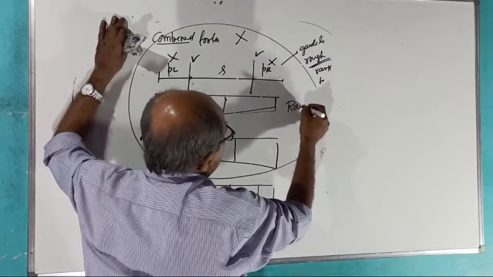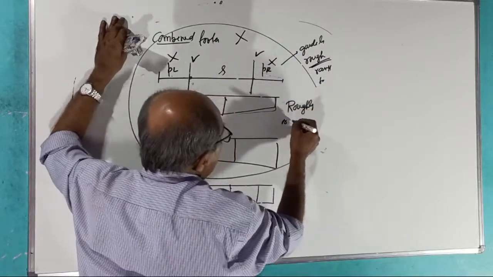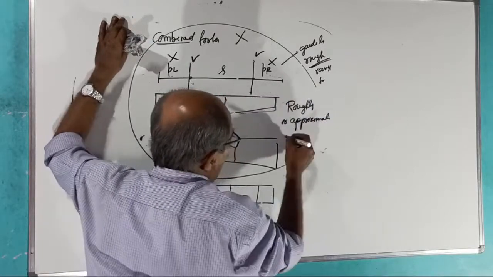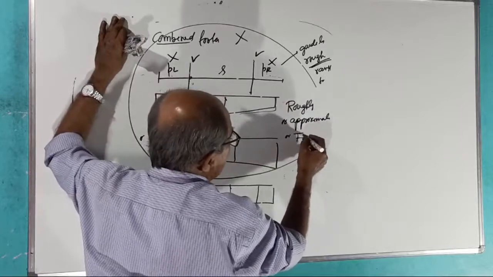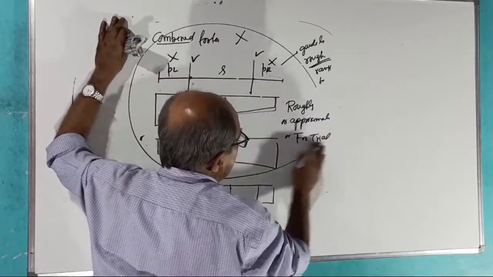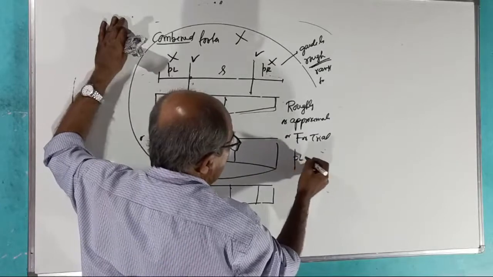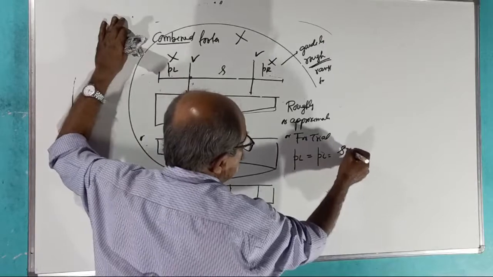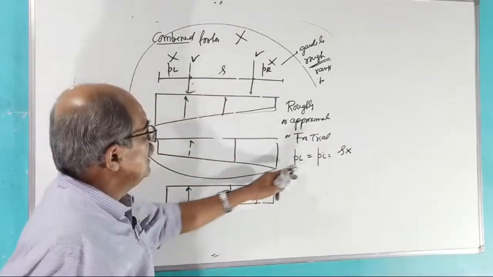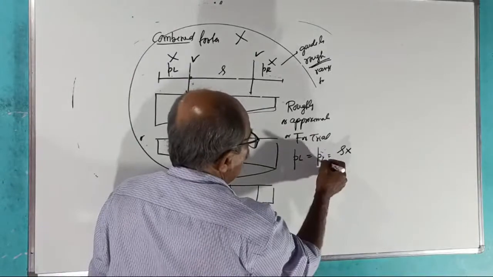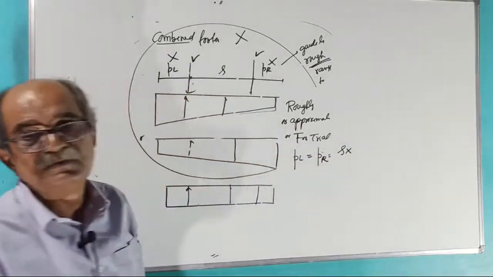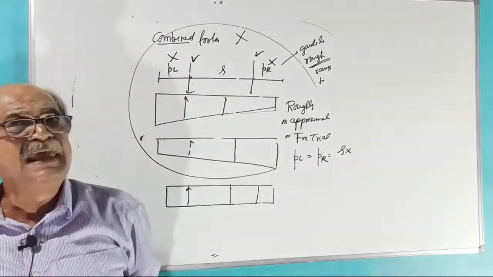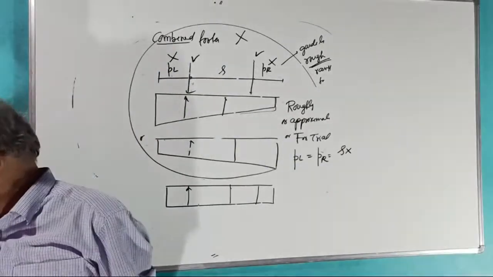Approximately, for a trial section, you can take PL equal to PR equal to S into a number. PL equal to PR equal to S into what? S into a number. I am linking with the span, small l.